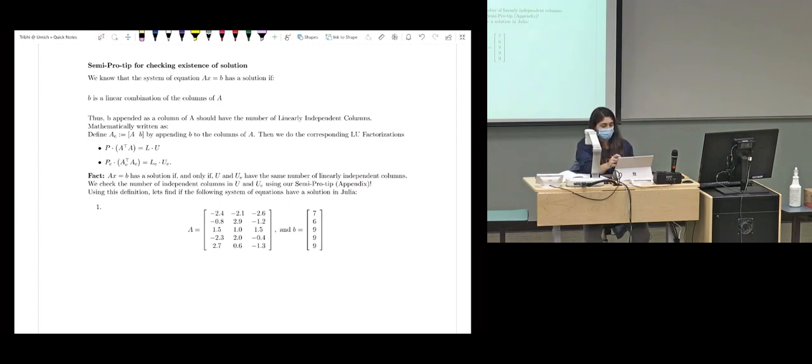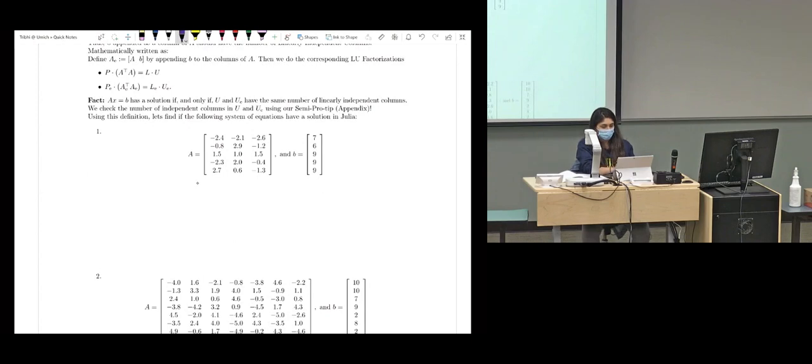So I've written down an example. If your x variable is just x1, x2, x3, and Ax equals b, so if A is this and b is this, do you think a solution exists?